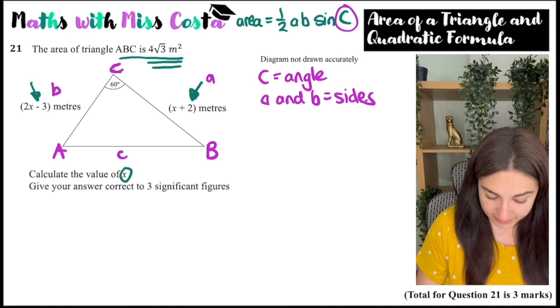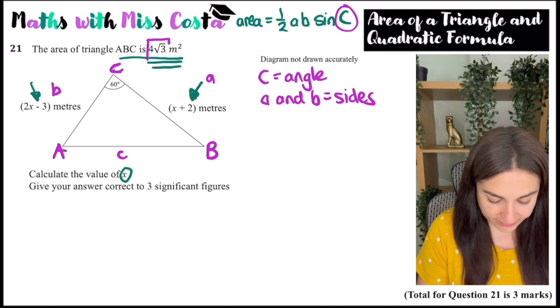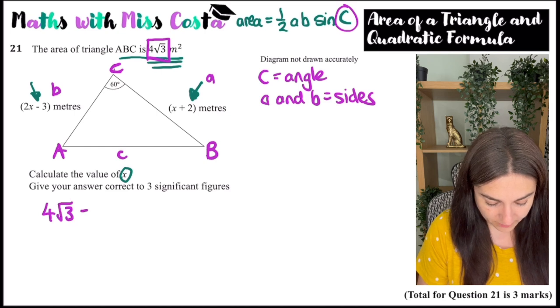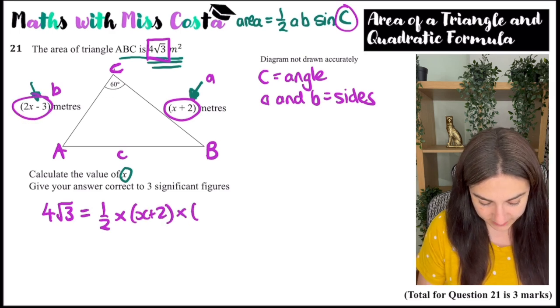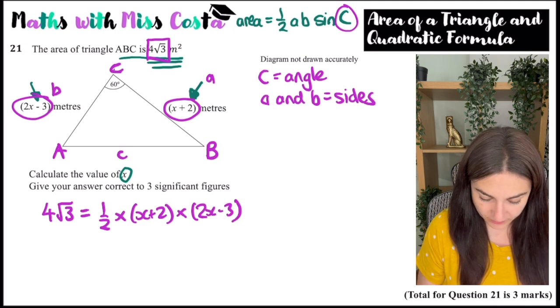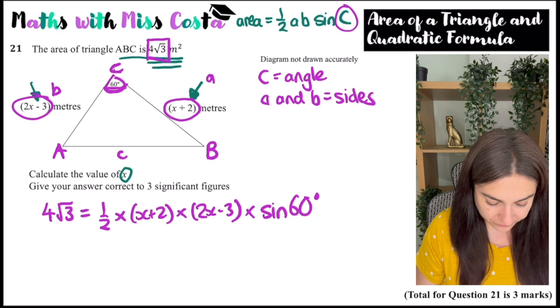So now I've labelled it, I can substitute into my formula. I know that the area is 4√3, so I'm going to say 4√3 must equal a half times A, which is this, x plus 2, times B, which is this, 2x minus 3, times sine C. And angle C is 60 degrees.